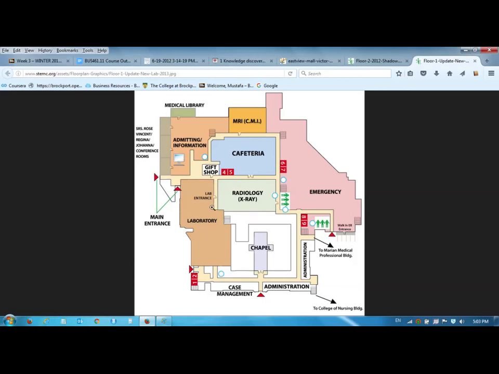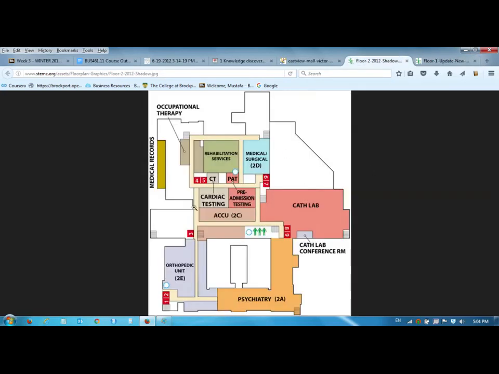Radiology is just adjacent to emergency, and the lab is a little bit farther away. Here, the objective would be to minimize the total travel distances done by the patients. And then on floor 2, the other departments of the hospital will be located because they are not directly related to the emergency department down here.